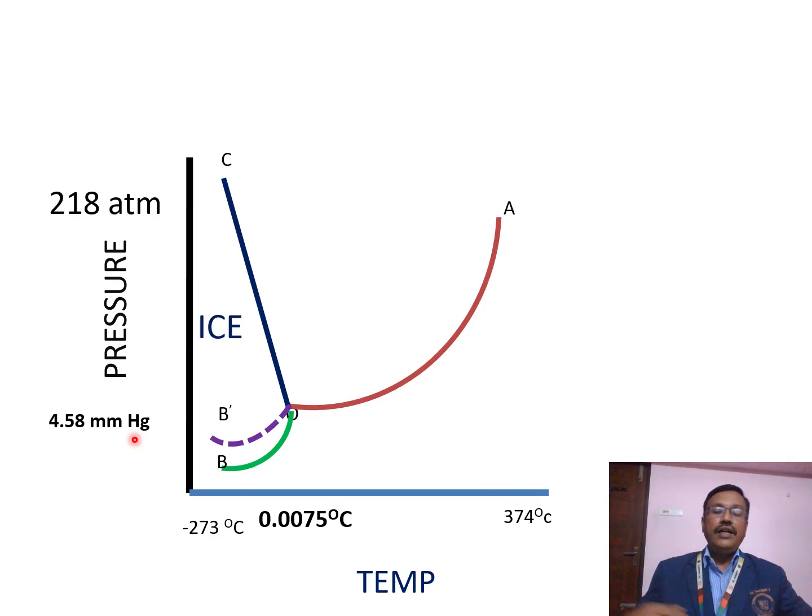Okay. Now imagine the concept. Water will be existing in what state when the temperature is below 0 degree? When below 0 degree, the water will be existing in ice. If it is above 0 degrees Celsius, then it will be water.